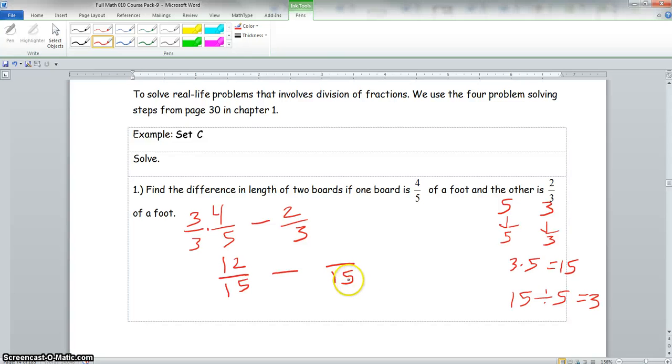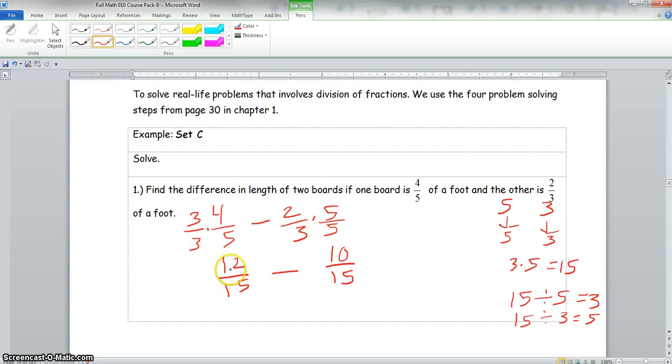Now we look at the new denominator divided by this old denominator. 15 divided by 3 is 5. So we're really multiplying this fraction by 5 over 5. 3 times 5 gave us our denominator, which is 15, and 2 times 5 is 10. And we know both of these fractions we put here are really just 1, so it's not changing the fraction.